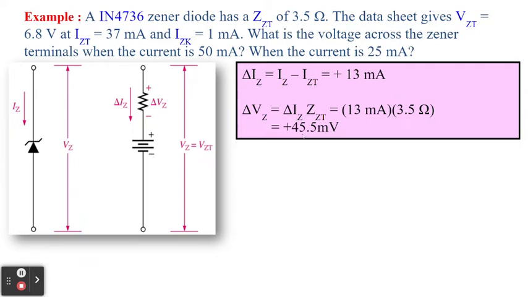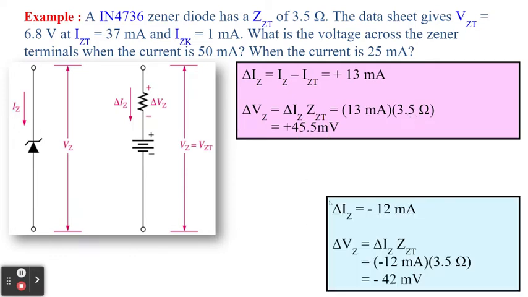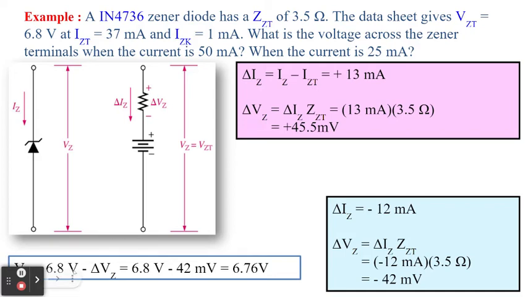So we will get a value of 45.5 millivolts, because the current is in milliamperes multiplied by ohms. Then we have the delta IZ, which will be equal to negative 12 milliamperes, by doing some other calculations here. Let's suppose that the VZ is calculated first. So we have to get 6.8 volts minus the delta VZ.